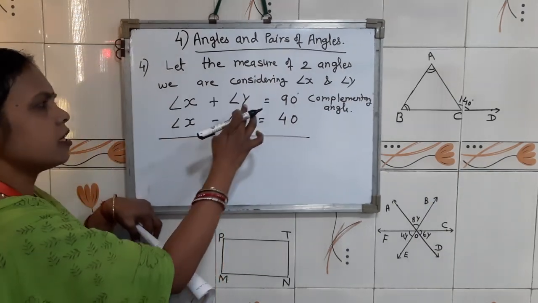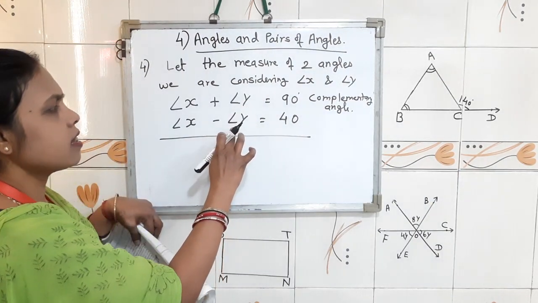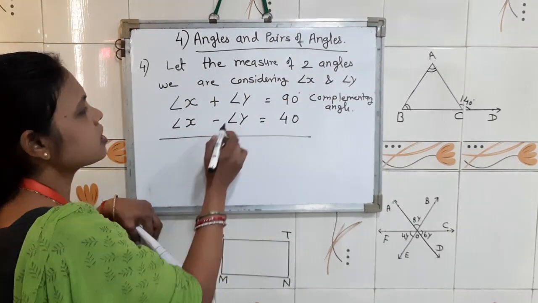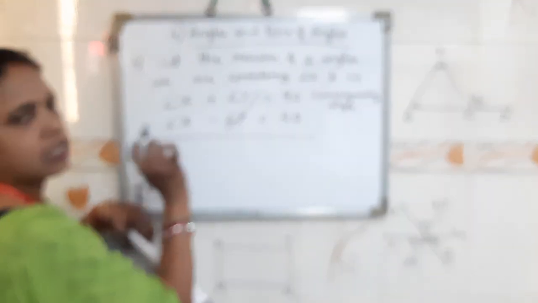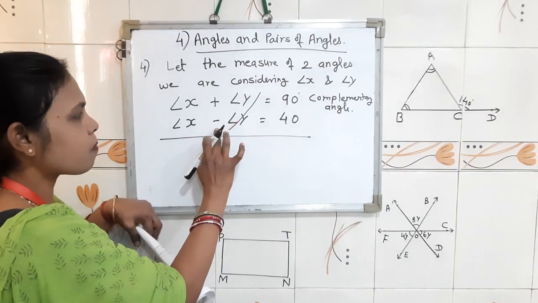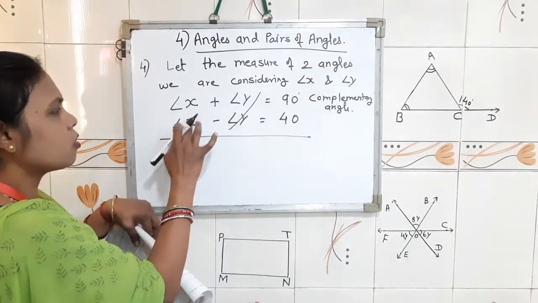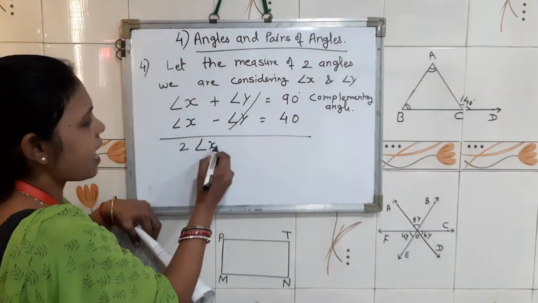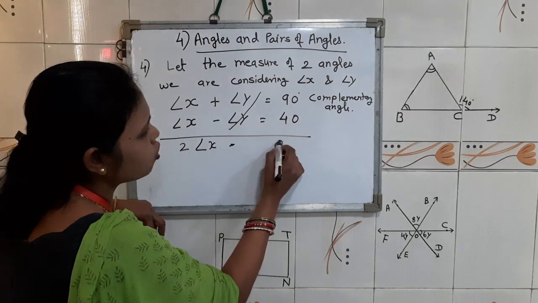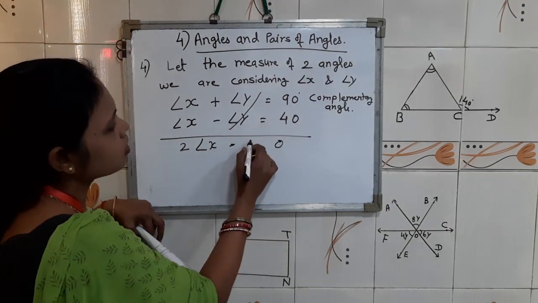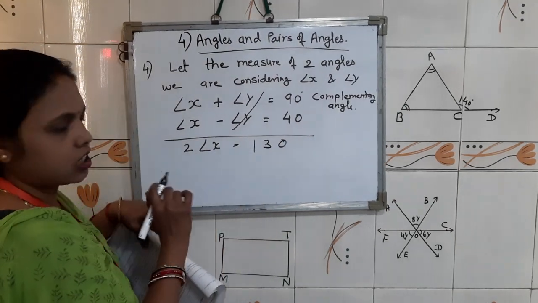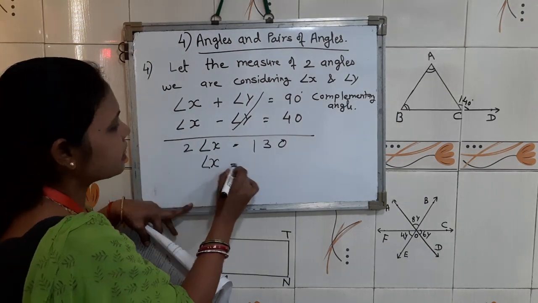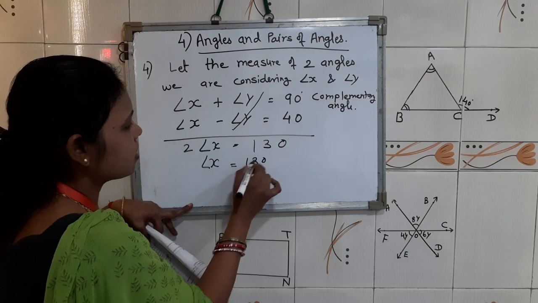Then, children, we have plus angle Y and minus angle Y. When we add both these equations, these two will cancel because of the opposite signs. Here 1 plus 1, 2 angle X equals 90 plus 40, 130. The 2 we will take to the right hand side.